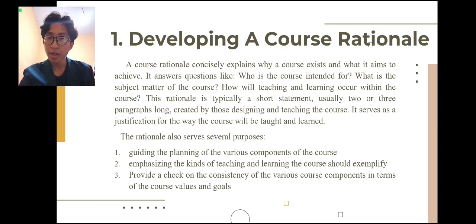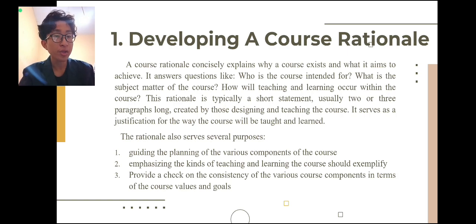What is the subject matter of the course? How will teaching and learning occur within the course? This rationale is typically a short statement, usually 2 or 3 paragraphs long, created by those designing and teaching the course. And also, it serves as a justification for the way the course will be taught and learned.